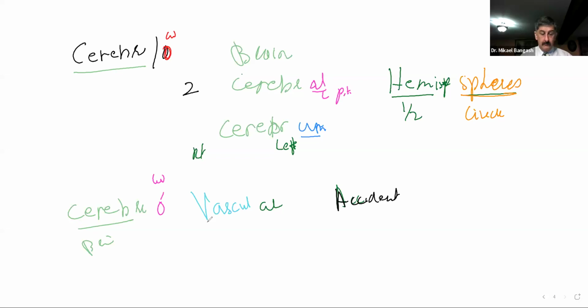Vascular is mostly related to vessels. Which vessels? Blood vessels. And AR is a suffix which means pertaining to. And then accident.